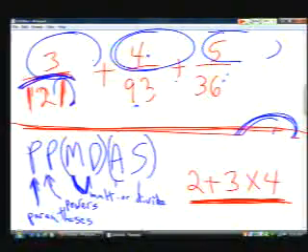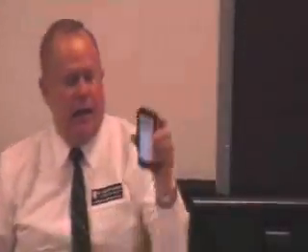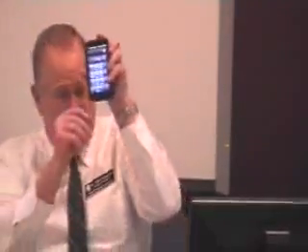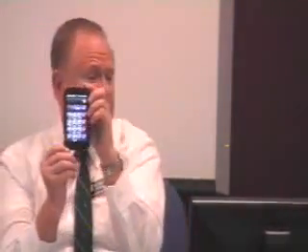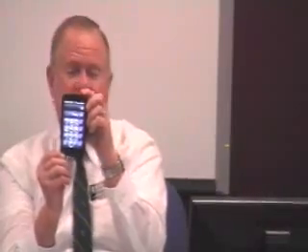Because if your calculator does not have correct order of operations, I would get another calculator. A lot of times, just your handy-dandy calculator like this, I was a little bit surprised that this calculator gave me 14 on my phone.